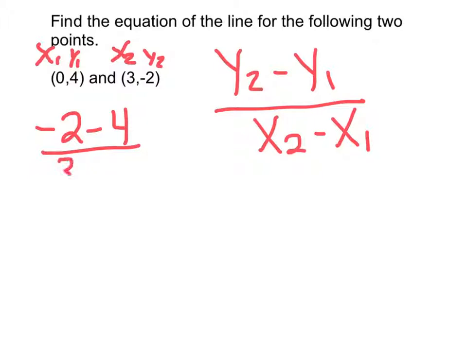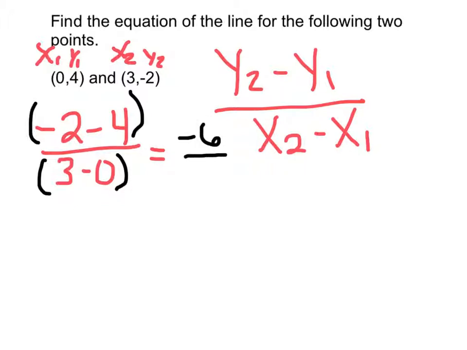We'll have 3 minus 0. Now you can do the math just straight across and straight across, or if you're putting it in your calculator, make sure you put those parentheses around the top and the bottom, okay? So that's going to give us a negative 6 on the top and a 3 on the bottom, and I can tell this will simplify and be negative 2. So that's our m. m is negative 2.